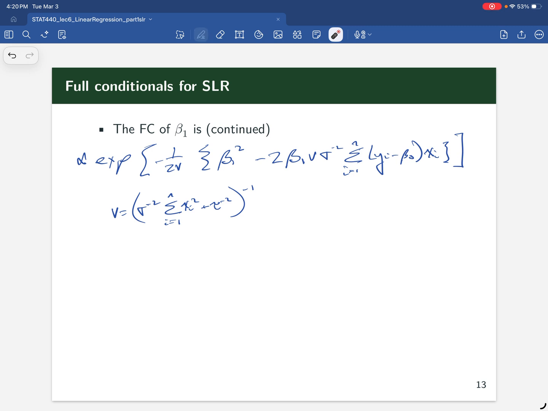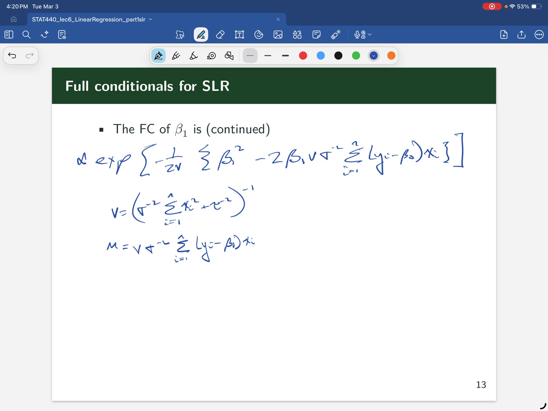So our mean, m, is going to equal v sigma to the negative 2 summation from i equals 1 to n of yi minus beta naught xi.